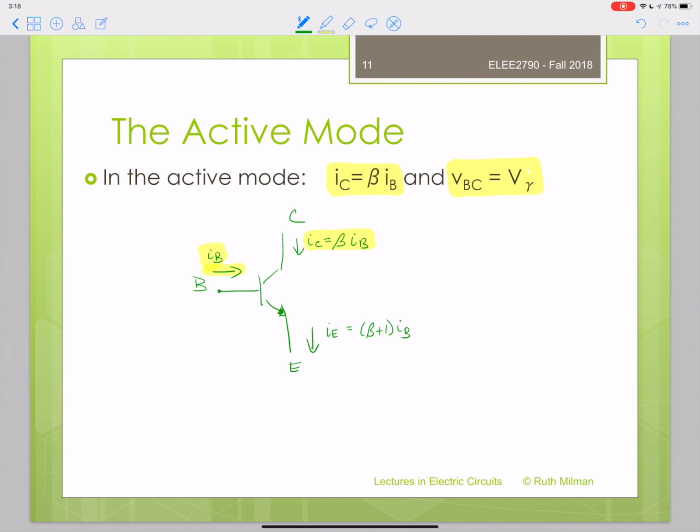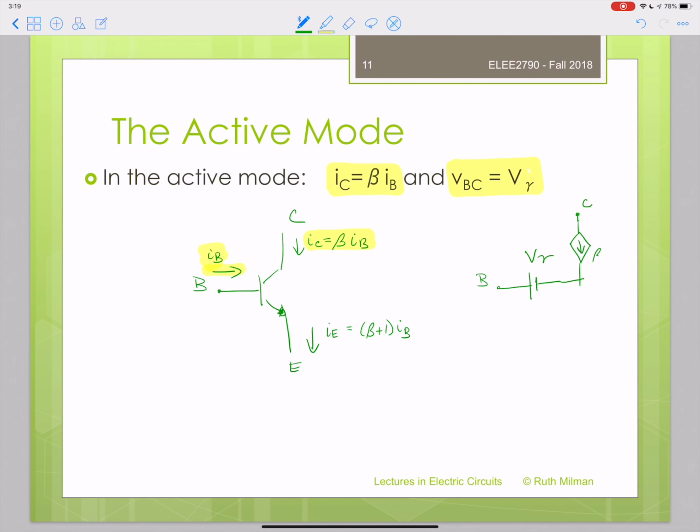If you want to model the transistor in active mode to understand what that looks like, then you model that with the base connected to a battery. That battery has a value of V alpha, and you have your collector going through a dependent current source.